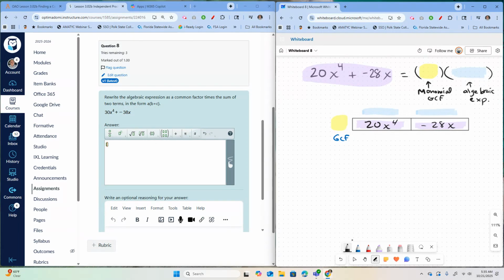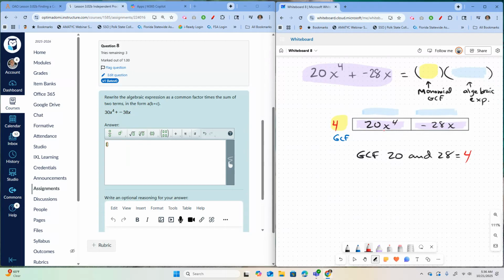Okay, how are we going to do that? We're going to start with a GCF. We're going to find the GCF of the coefficients, the big numbers, 20 and 28. Using mental math, the largest number that divides both 20 and 28 is going to be 4. So that's what goes here.